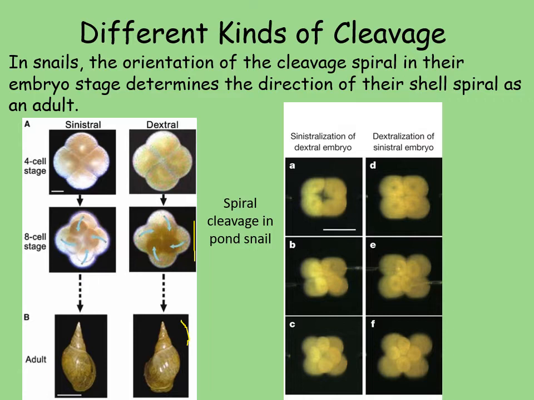Whereas for other snails, their new cells would be added sinistral, so counterclockwise they would add new layers of cells, and as a result their shells would also be grown in a counterclockwise direction. So that's kind of a fun connection between their embryological development and their shell structure as an adult.